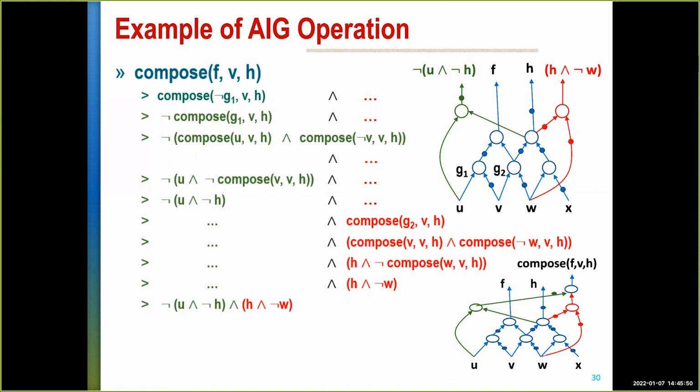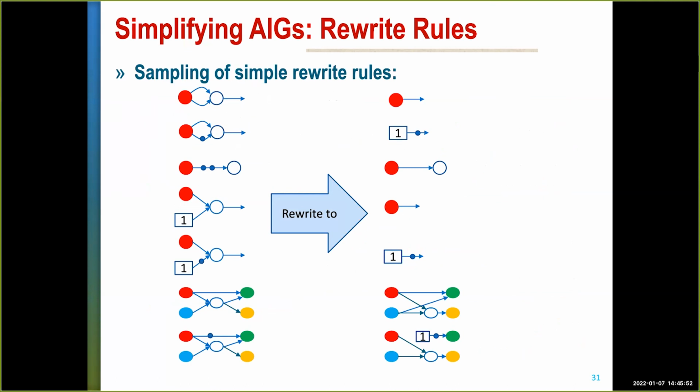Now, AIGs are not canonical, but when you construct AIGs, you actually take care. We will see this happening in the hands-on session, that you actually do a lot of simplifications. These are like peephole optimizations in a compiler, right?